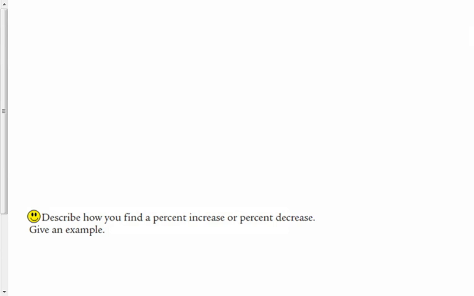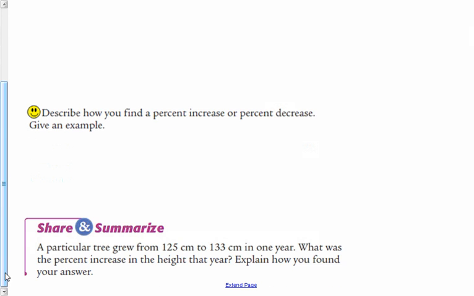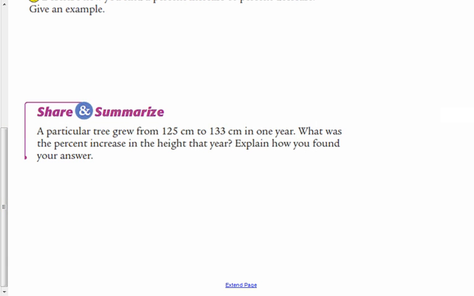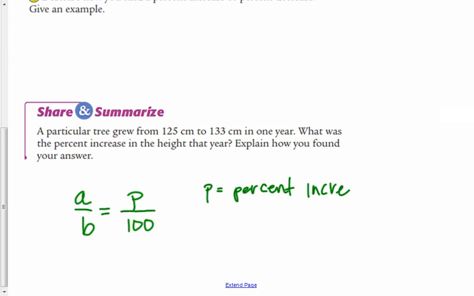So to summarize this lesson, I'm going to put just a little thing down here about how you can figure it out. And this is Luis's way of figuring this out. If we have our proportion here for finding our percent, it looks like this. So P is still our percent. In this case, it's the percent increase or decrease.